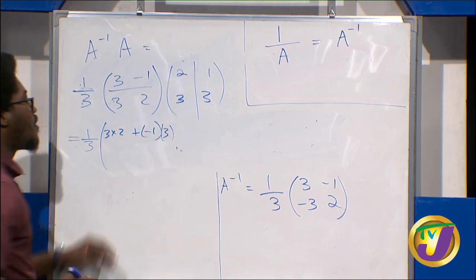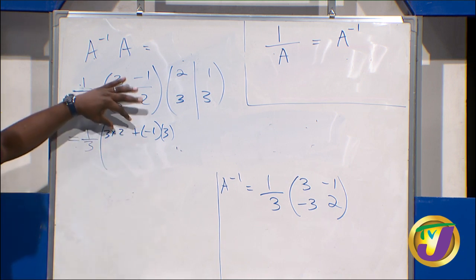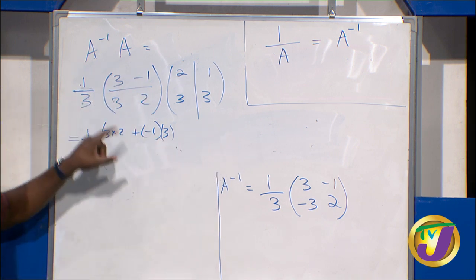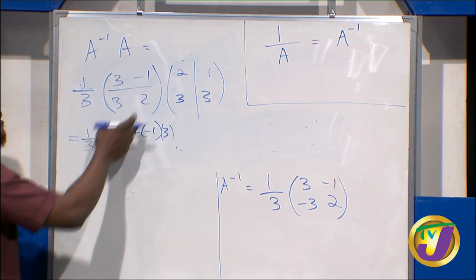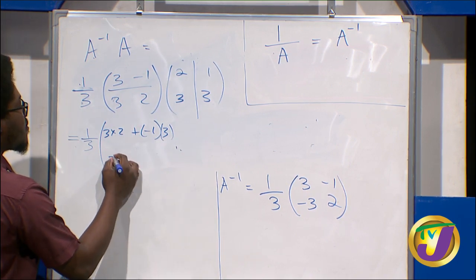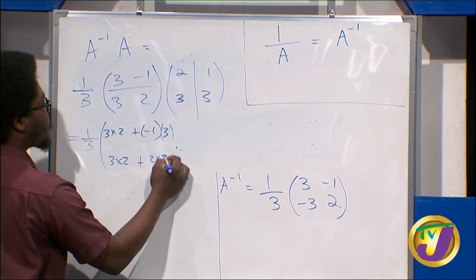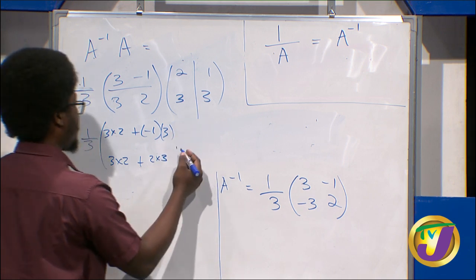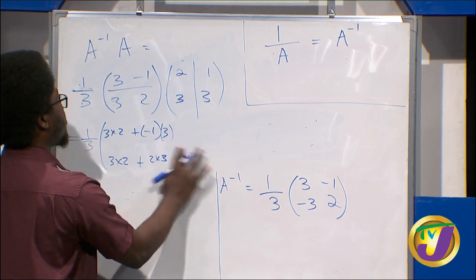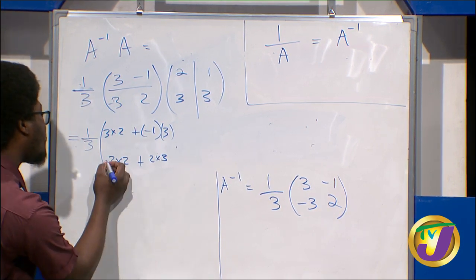That's going to give us the element in row 1, column 1. And then to establish the element in row 2, column 1, we're now going to multiply row 2 by column 1. And that is going to give us 3 times 2 plus 2 times 3. Oh, this should have been negative here. So this would be -3 here.